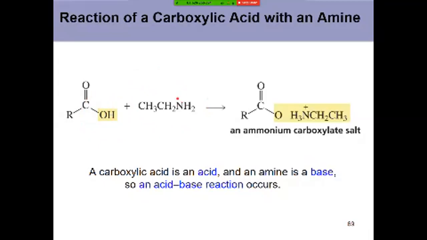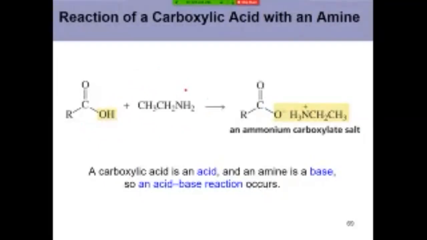It's got this lone pair on nitrogen that's not shown. So the product at room temperature is actually just an acid-base product. We get this ammonium salt, because we transferred the proton from the carboxylic acid to the amine. So if we're running at room temperature, that salt is your final product.